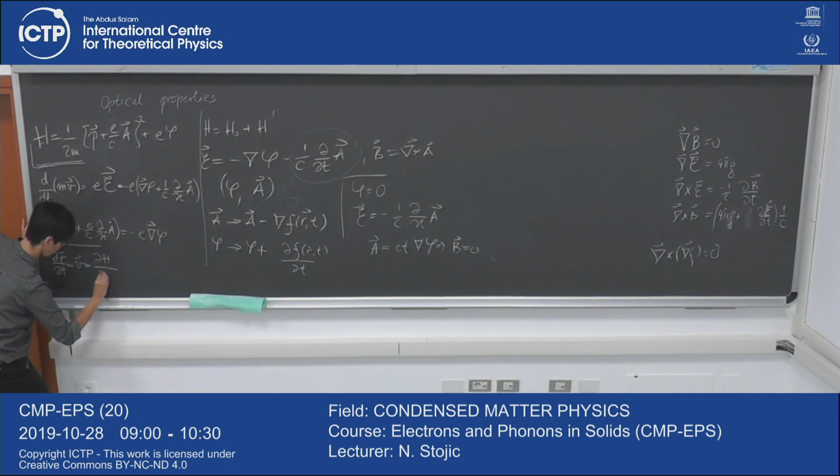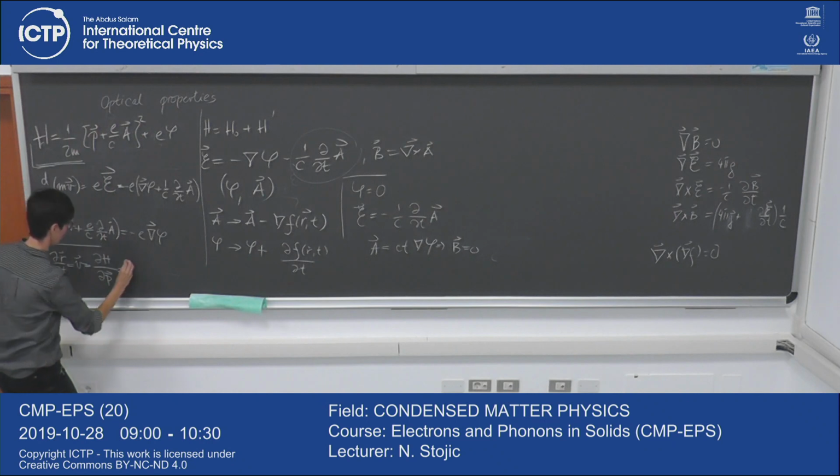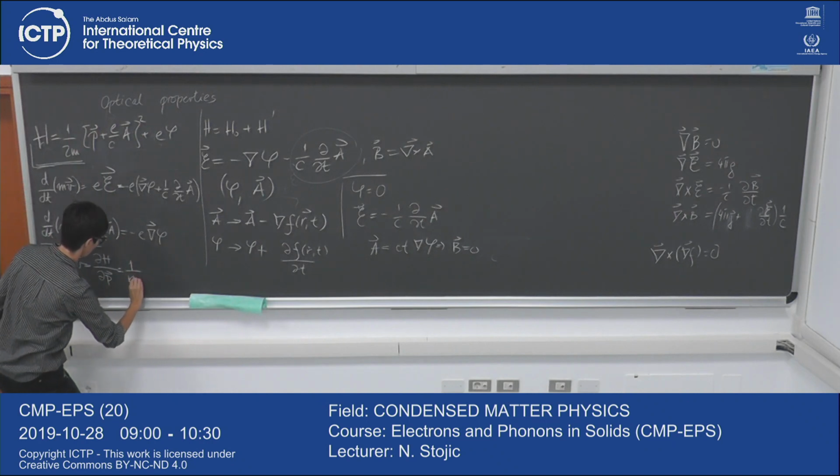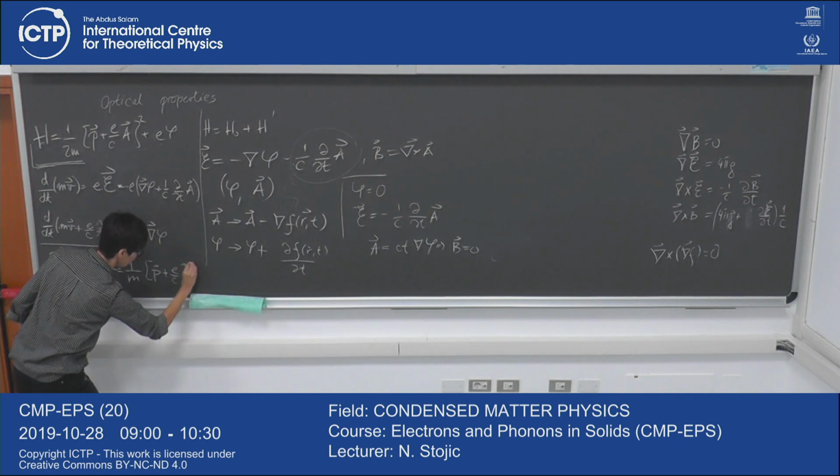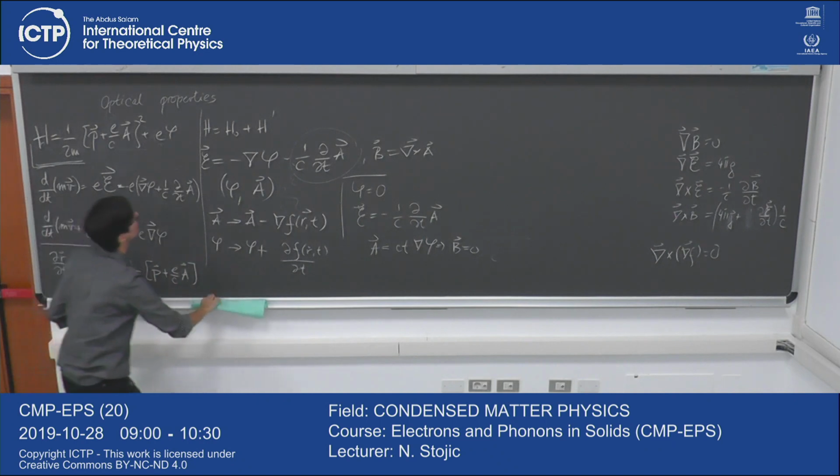I have to check. It's all from classical physics. So I'm deriving the direct equation from classical physics. And this will be equal, 2 goes here, 1 over m, pi minus e plus e over cA. Good.